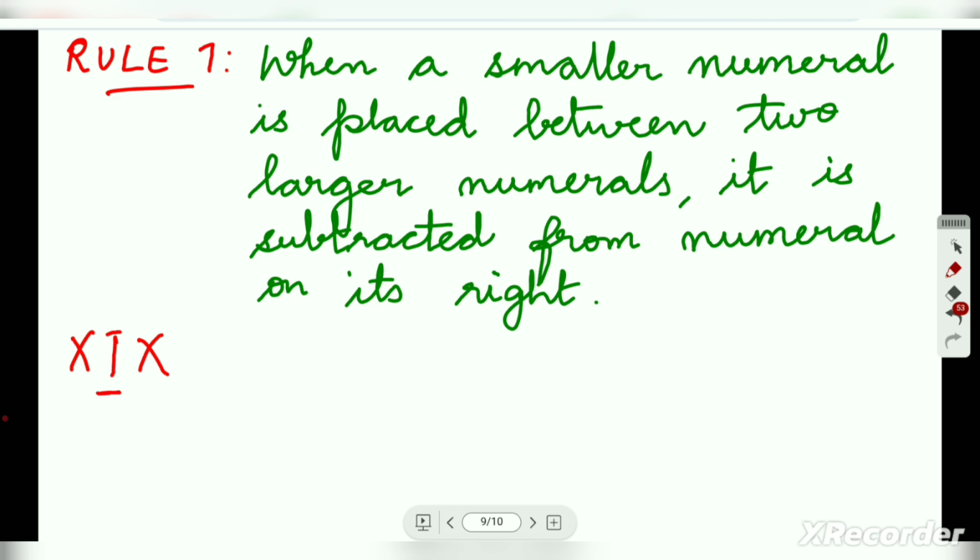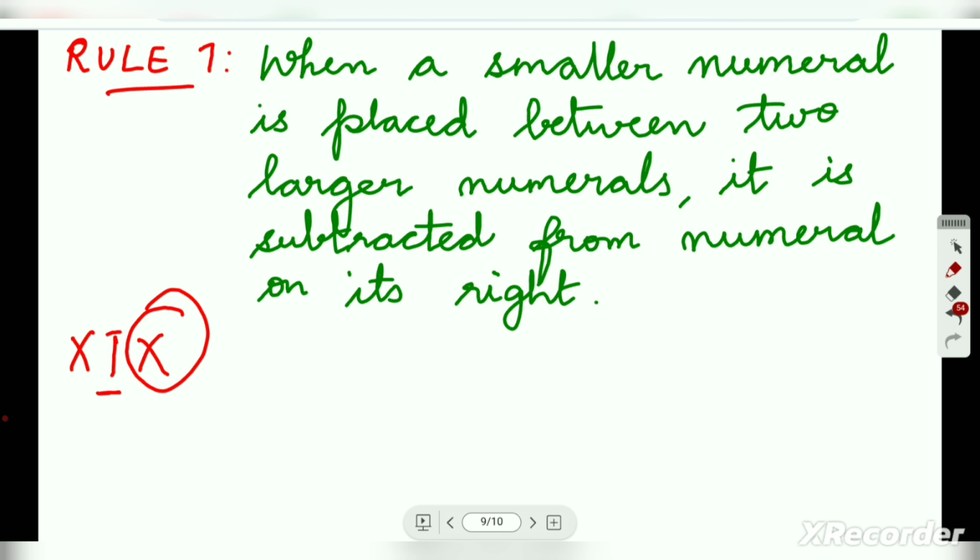You know that if a smaller numeral is placed after a bigger numeral, you have to add. If a smaller numeral is placed before a larger numeral, you have to subtract. But if it is placed in between two larger numerals, what should you do? Then the smaller numeral is subtracted from the numeral on its right. You have to see what is the numeral on its right. From that numeral, the small numeral will be subtracted.